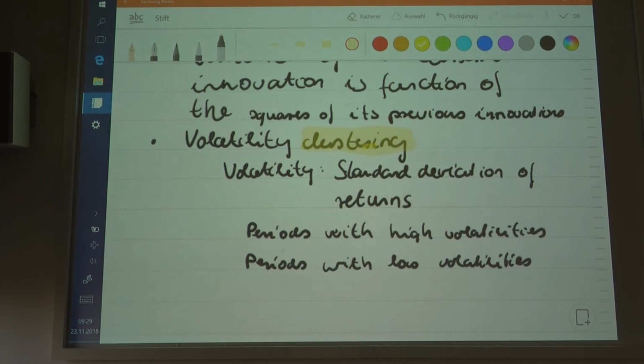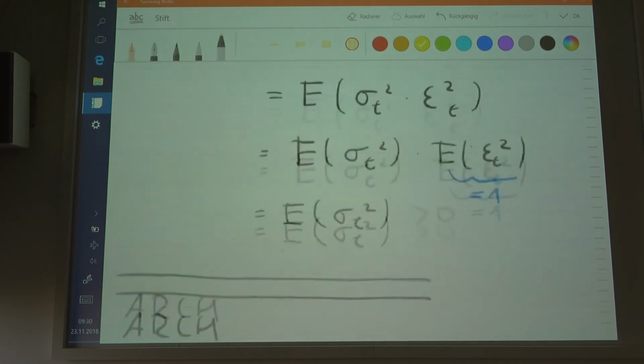And then of course you also have periods where everybody calms down, no panic attacks whatsoever, and the relative price changes of assets are relatively low. So the volatilities are low, and this structure depends on time.